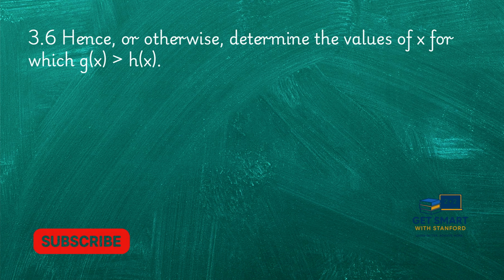And the last question, which is 3.6, they want us to determine the value of x for which g of x is greater than the function of h of x. From what we calculated at question 3.5, the graphs are equal at x is equal to 2 and x is equal to 8.